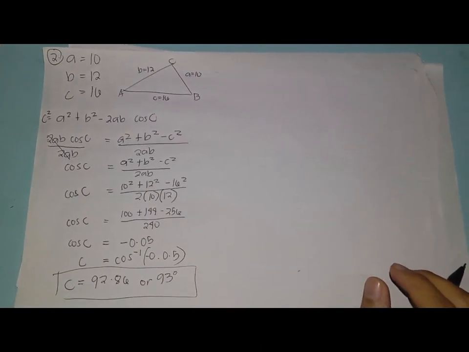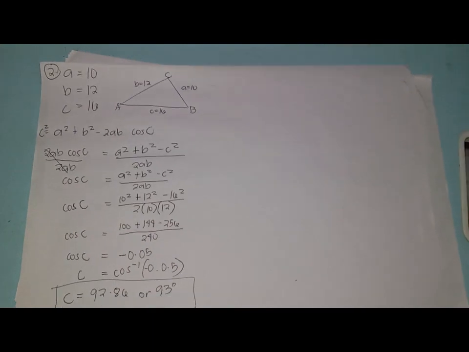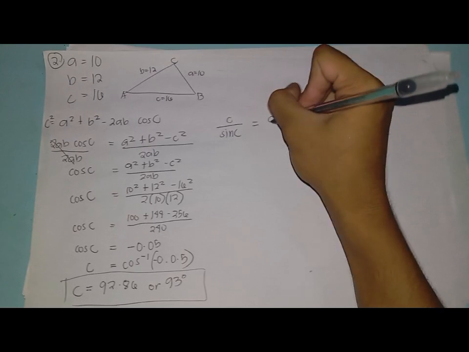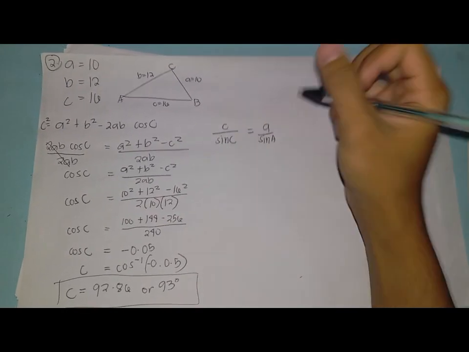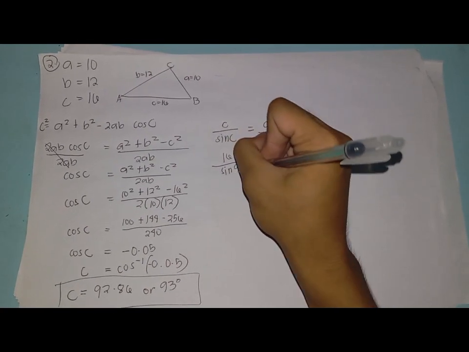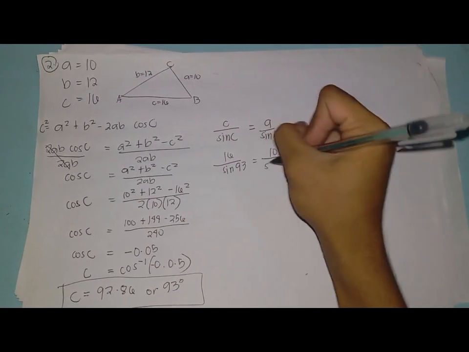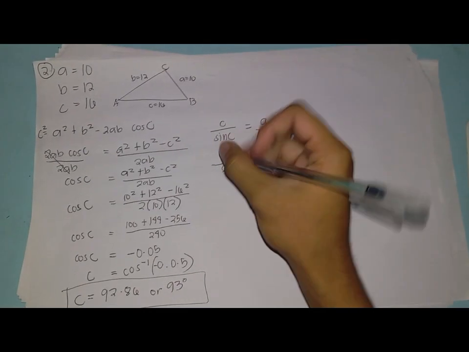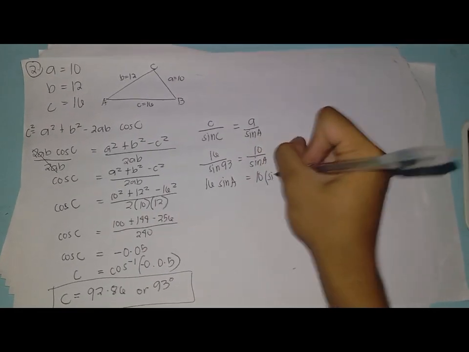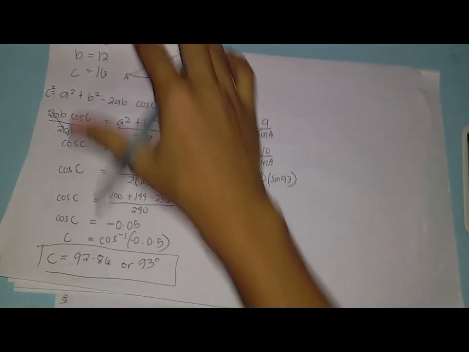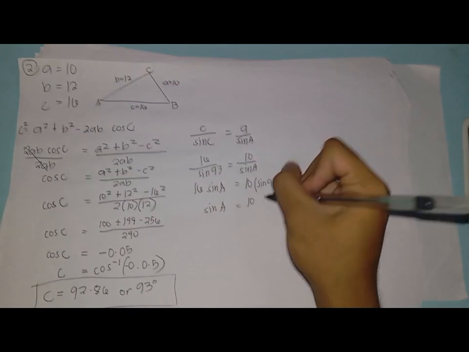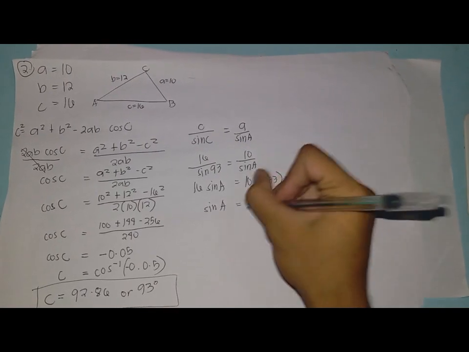Since we have found one angle, we can use the law of sine. So we have sine C over C is equal to sine A over A. So we have 16 over sine 93 is equal to 10 over sine A. So cross multiplication, we have 16 sine A is equal to 10 sine 93. So transfer 16 to the other side. So we have sine A is equal to 10 sine 93 over 16.